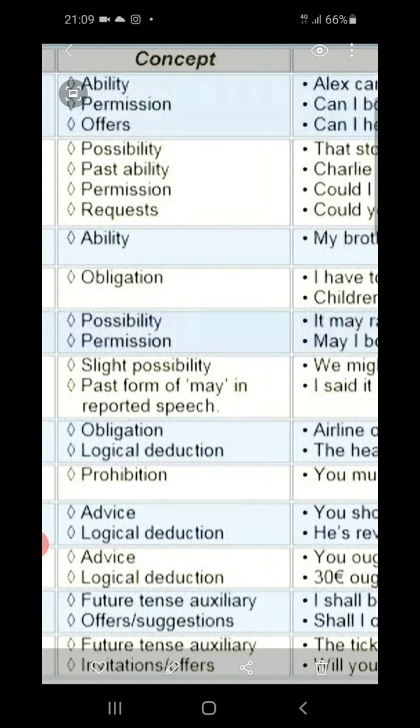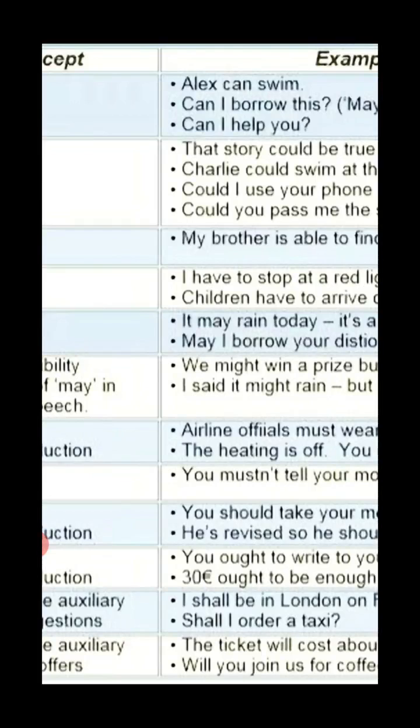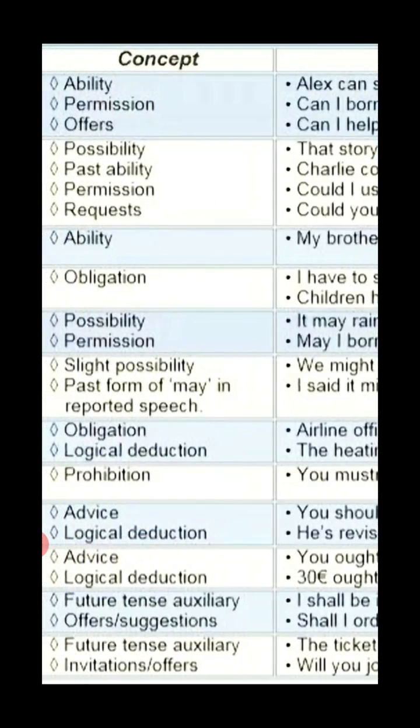It is represented as the helping verb as it is modal, which represents the future tense or an activity in the future time.